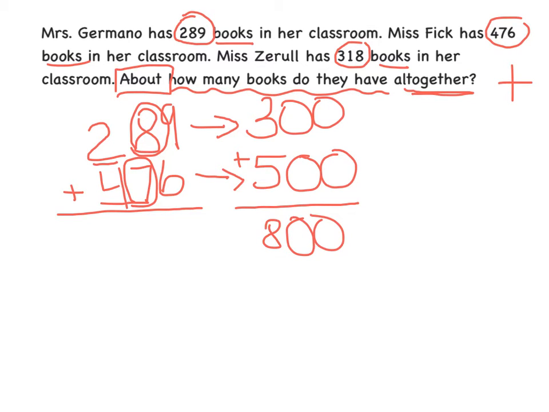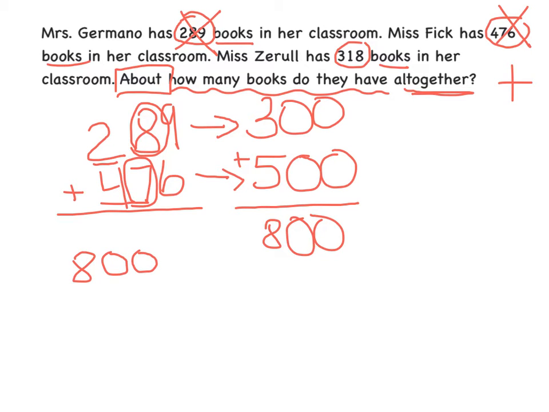So far I've used 289 and 476. But as I go back and reread my problem, I'm noticing that Miss Cyril also has 318 books in her classroom, and we want to know how many we have altogether, how many all three of us have. So I'm going to take my number 800 and bring it down for my second step.